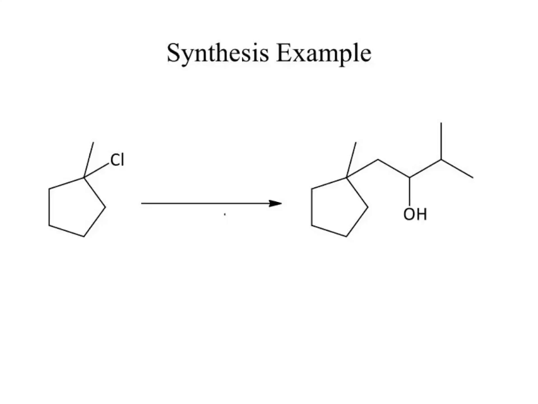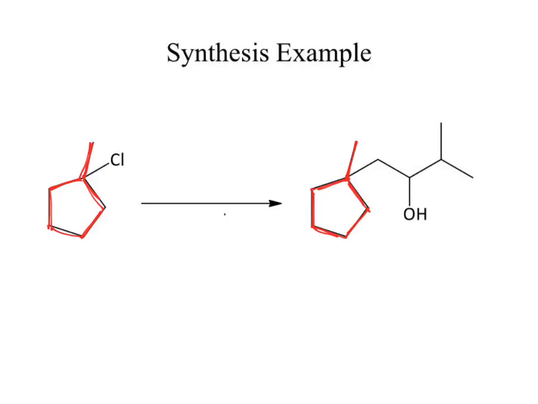Okay. So what I personally would do, I know I'm starting with this piece, so let's see if I can find where that piece is in the product. Looks like a pretty reasonable place to start.